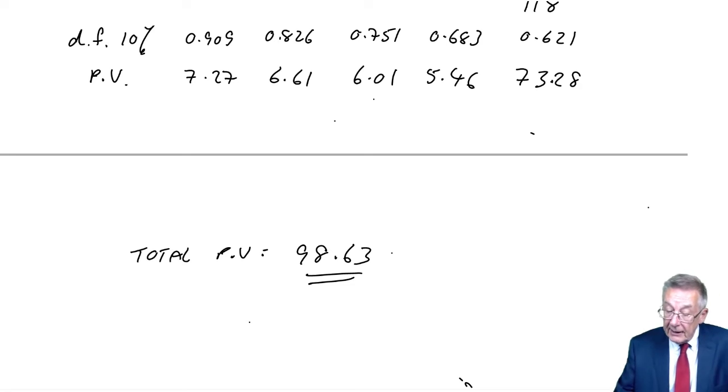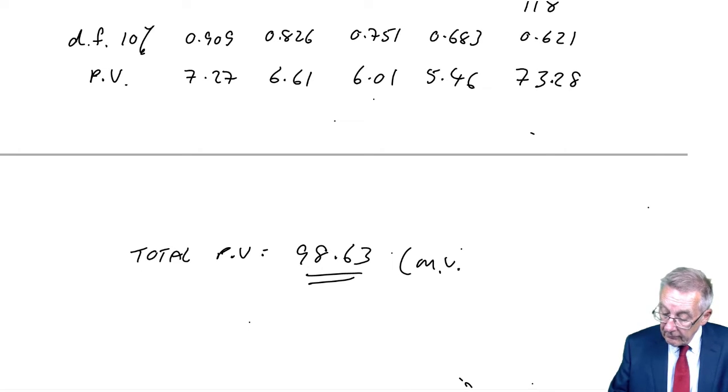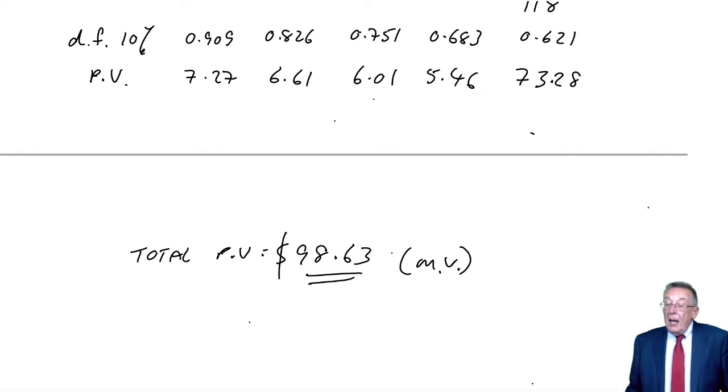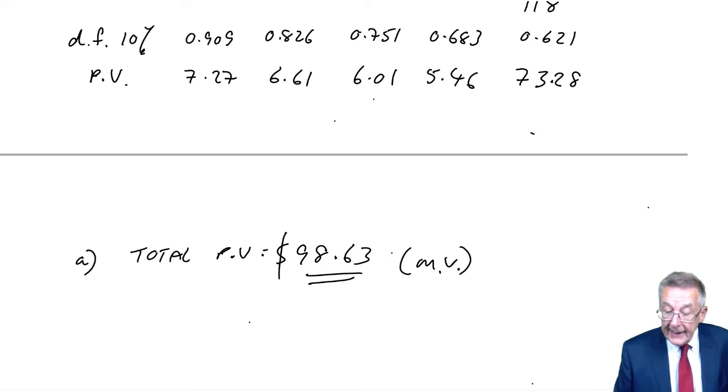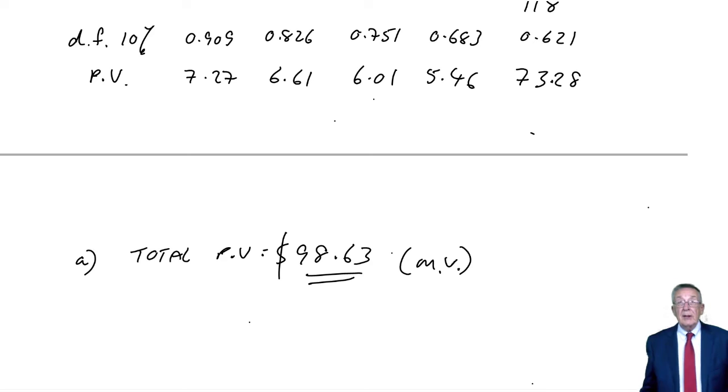And of course we knew that's the market value. So that was a straight repeat. But that's part A. Calculate the present value of cash flows and add them up. A, in the rules above.